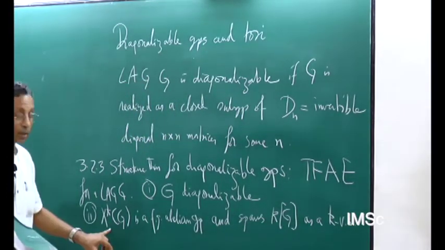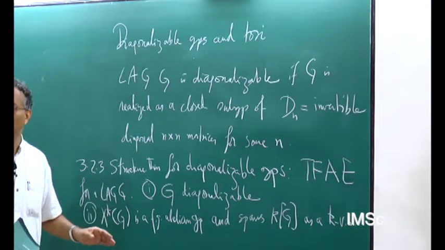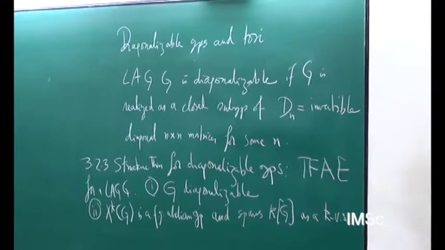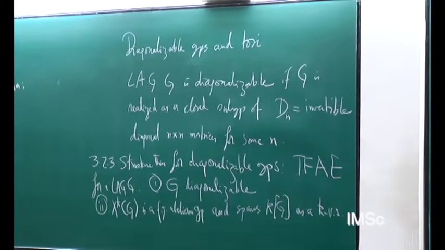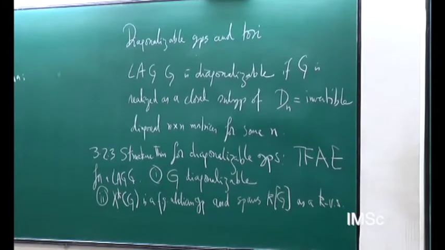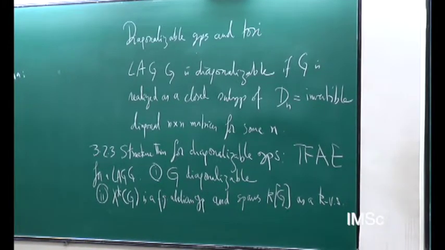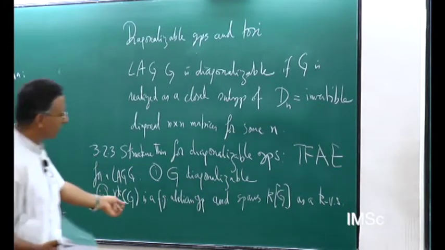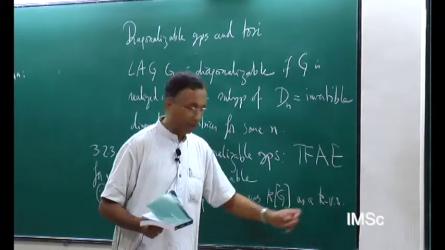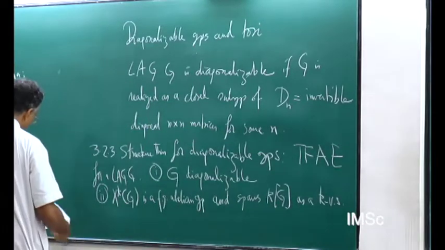So what are characters? They are maps from G to Gm. Gm is just K star. So these are morphisms from G to K star, and you can think of them as in particular morphisms from G to K. So they are functions in particular. So as functions, they span this K vector space.